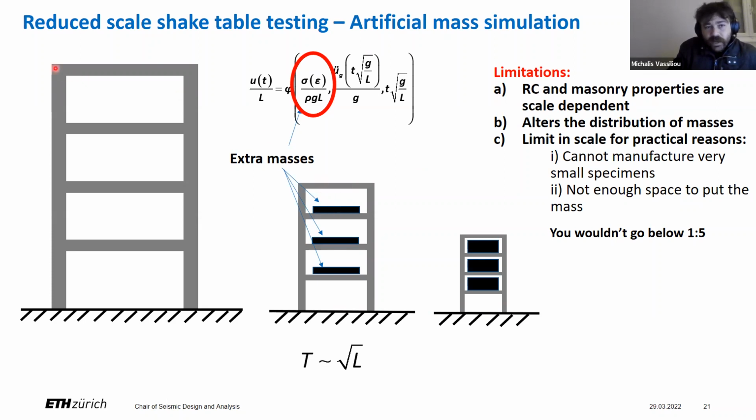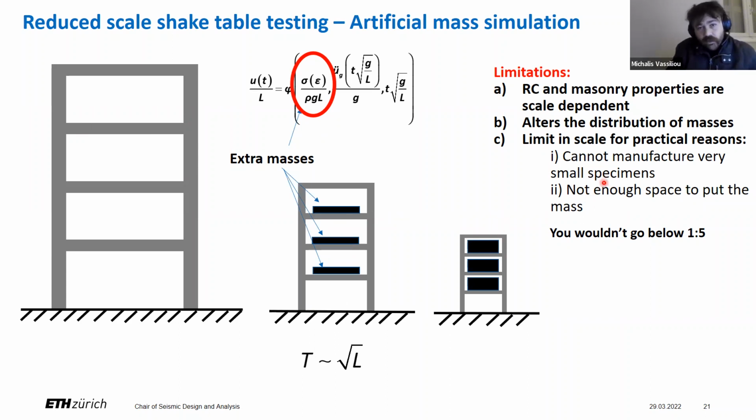So you had a given distribution and now more masses here. For reinforced concrete structures, that's not a big deal because all the mass was concentrated at the slabs anyways. But for masonry, this is a problem because you cannot increase the mass of the walls. And the other problem is that there is a limit in scale for practical reasons. If you start scaling a lot, you need so much mass that there is no space to put it.